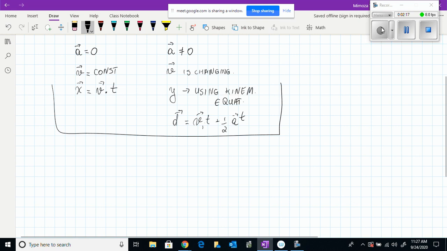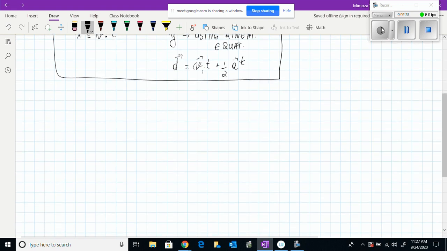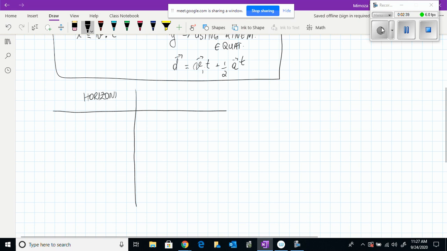Considering this as the bone of the projectile motion, the way that we approach and solve any projectile motion question is by writing down what is happening in the horizontal and what is happening in the vertical.